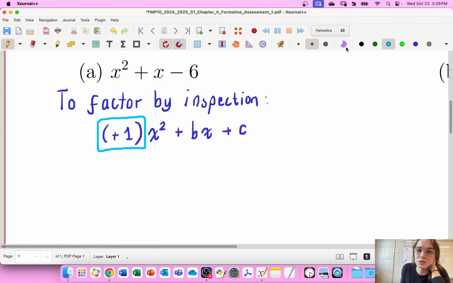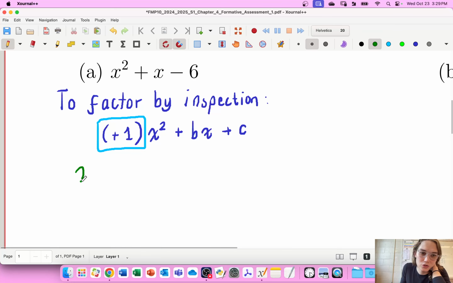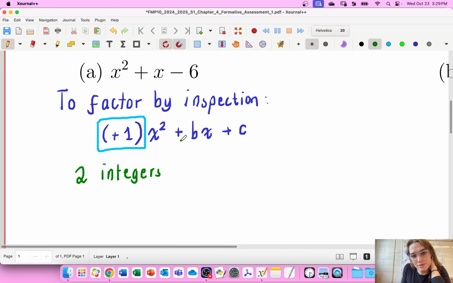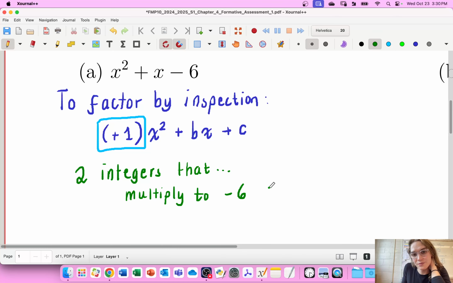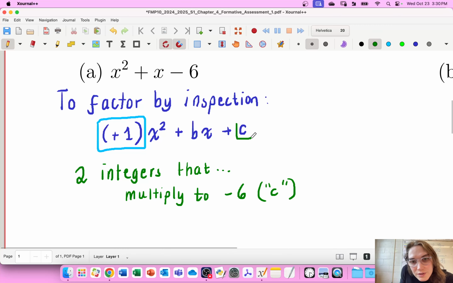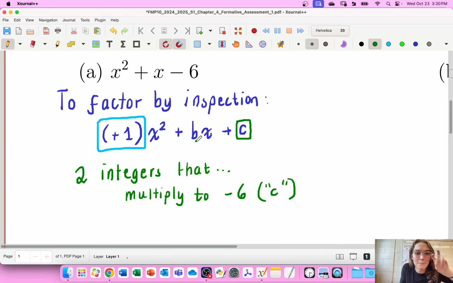So here I'm just looking for two integers that multiply to -6, which is c, in terms of this little template.